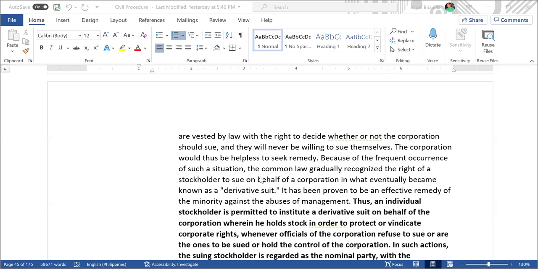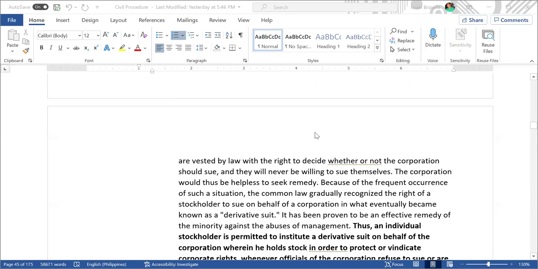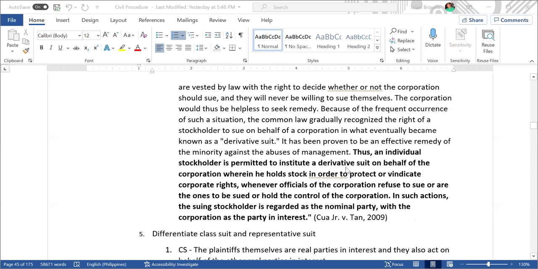Thus, an individual stockholder is permitted to institute a derivative suit on behalf of the corporation wherein he holds stock in order to protect or vindicate the corporate rights, whenever officials of the corporation refuse to sue or are the ones to be sued or hold the control of the corporation.